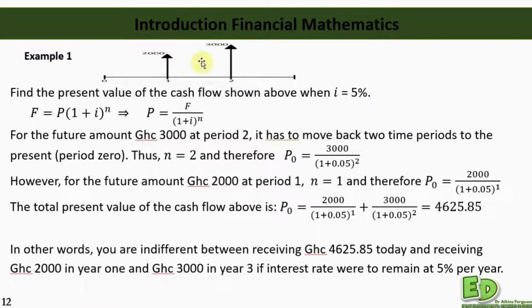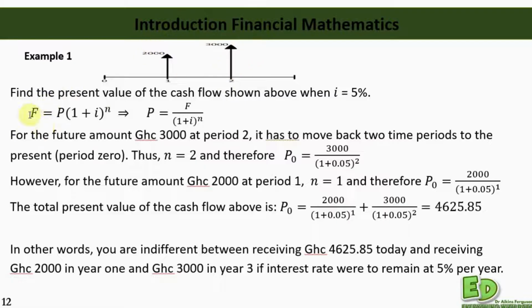So remember that year 0 is the present value, or today, year 1, year 2 going in the future. So this cash flow diagram is just telling you to bring these two values, which is 2,000 and 3,000, back to year 0, or find the present value of these future amounts.